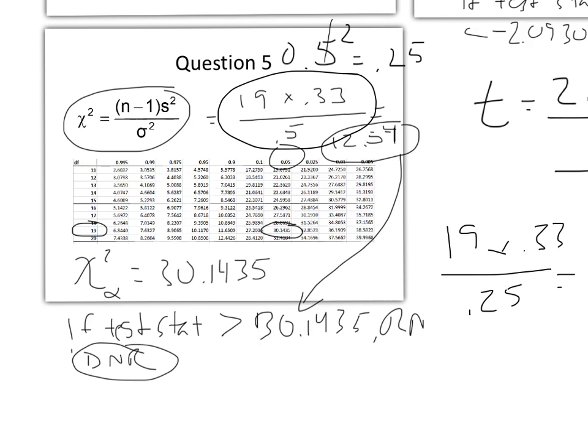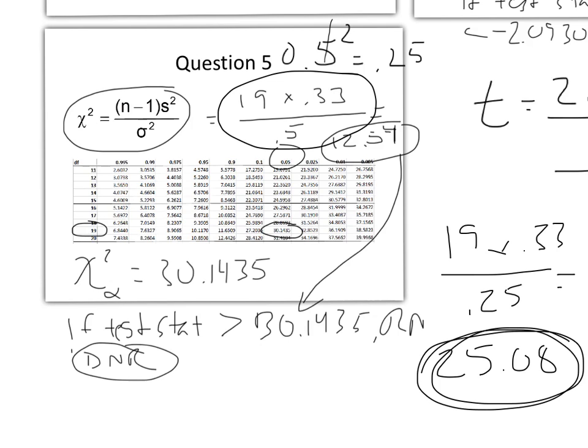So it does change our result from 12.54, which I said, to actually 19 times 0.33 divided by 0.25, which is 25.08. So that is our true answer there. My apologies for that. However, as I noted, that result is still not greater than 30.1435, so it does not change the result of our test.